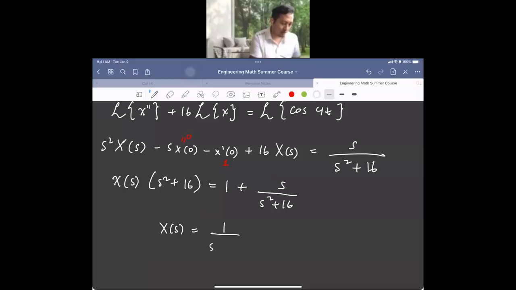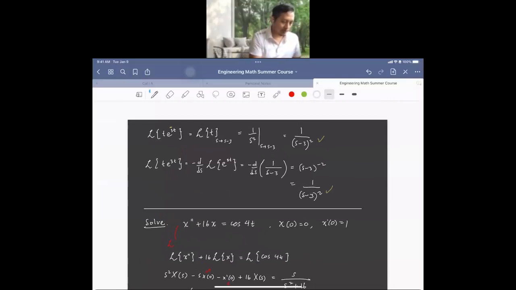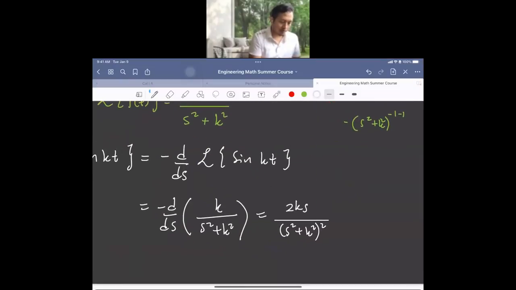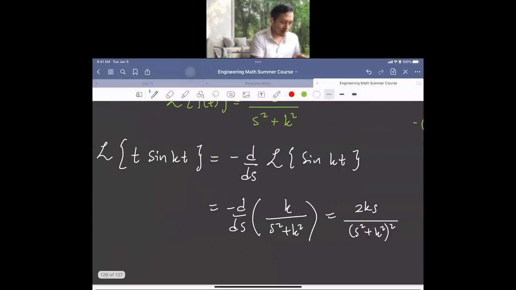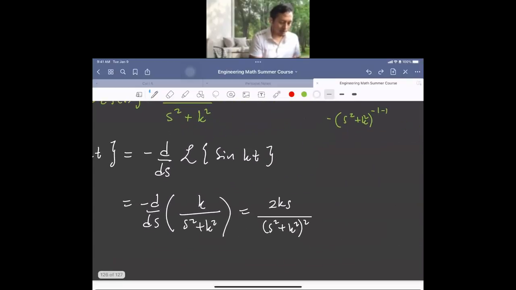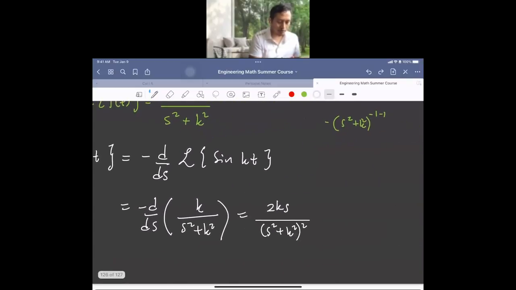And then we can take the equations. From the previous example, from here, we know that the Laplace of t sine kt is 2ks over s squared plus k squared, squared.